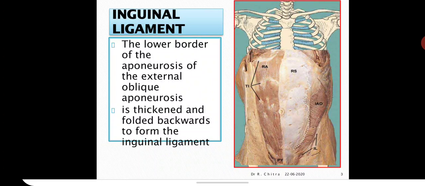It is visible as a glistening ligament in the lower part. So that is the aponeurosis of the external oblique, which is thickened in the lower part and it is folded backwards to form the inguinal ligament.